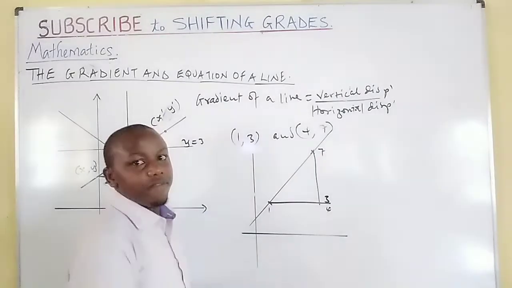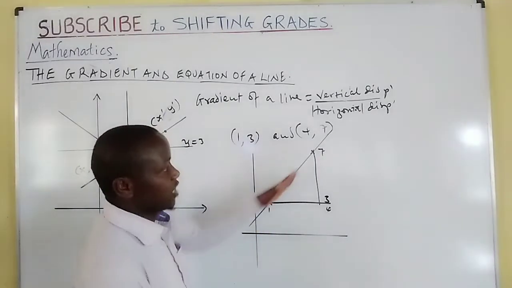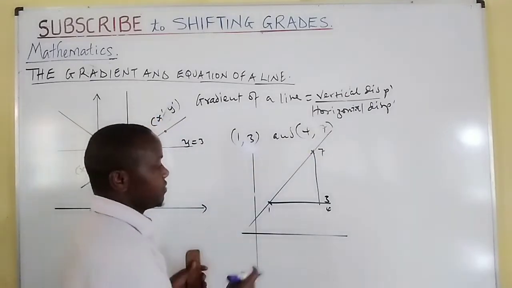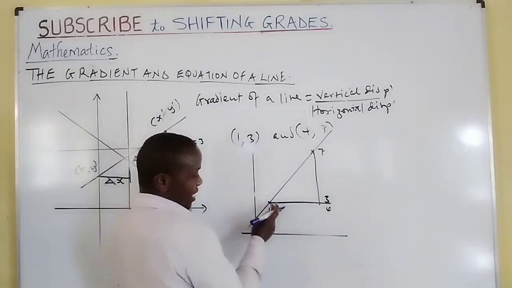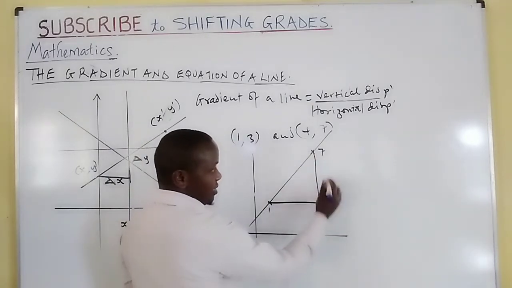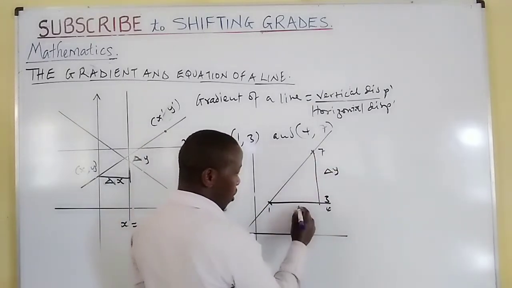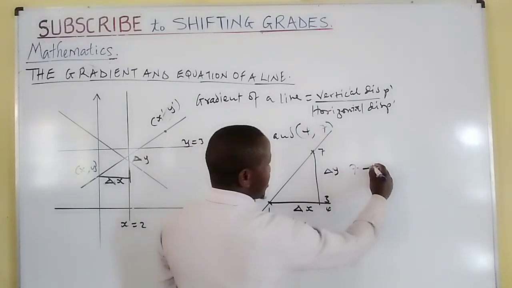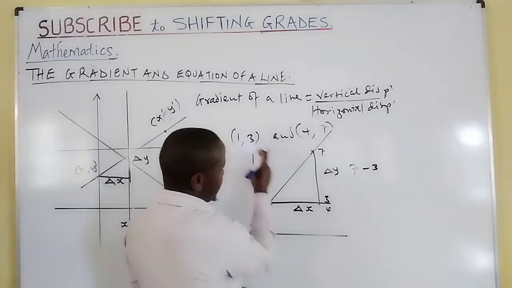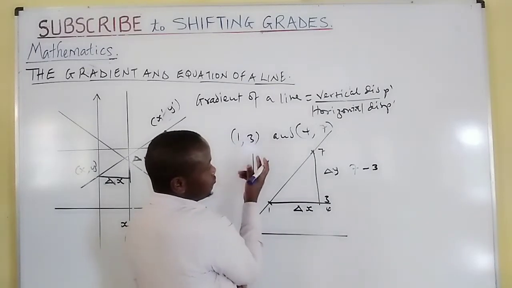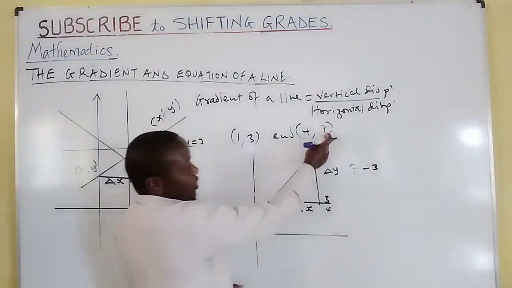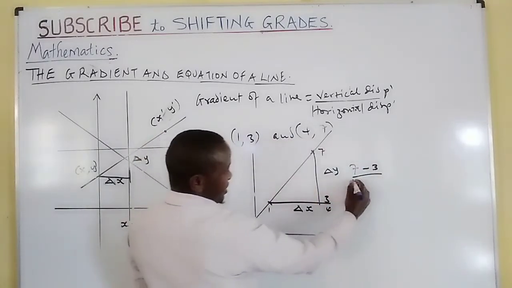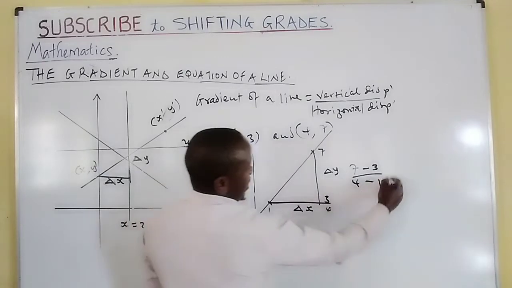And therefore, the rate at which it has sloped, or the gradient, or the slope of this graph, is when we take the change in the y-axis all over the change in the x-axis. Therefore, it will be 7 minus 3, from y equals 3 to y equals 7, all over the change in x from 1 to 4, you see?